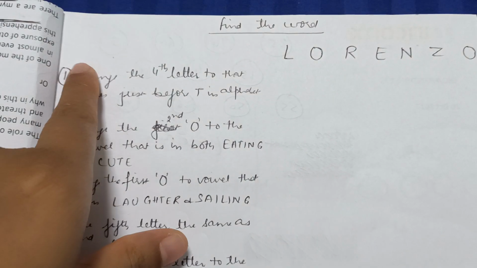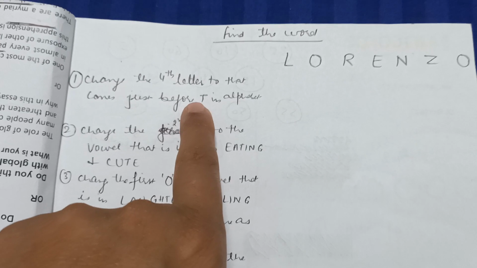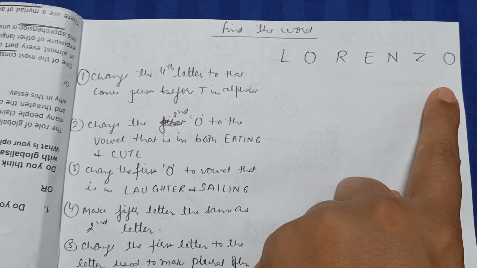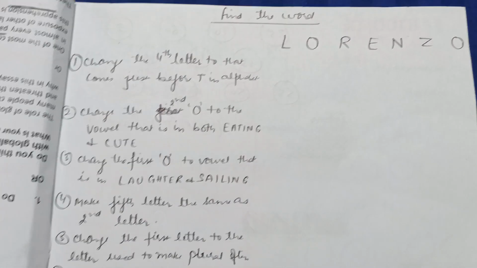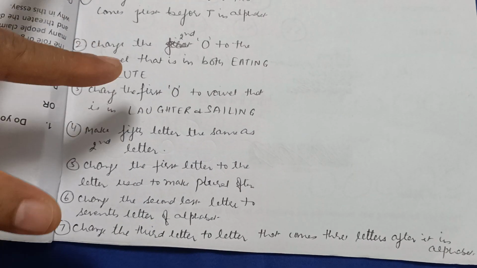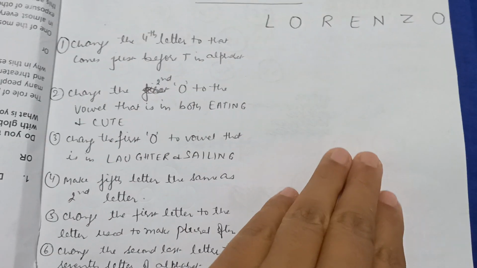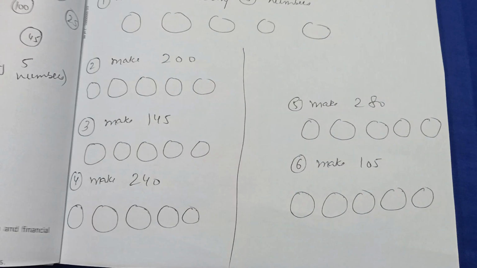Change the 4th letter to the one that comes just before T in the alphabet, so S. Change the 2nd O to the vowel that is in both eating and cute, so the vowel which is in both is E. Like that, she has to change all these letters following the sequence. In the end, it's a meaningful word for sure, but it takes focused concentration, and she must make sure that not a single letter goes wrong, because then the answer will not be a meaningful one. So that is what we are doing here.